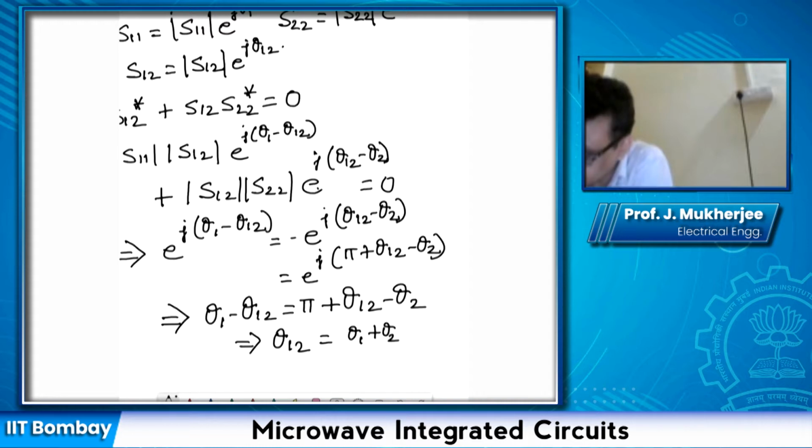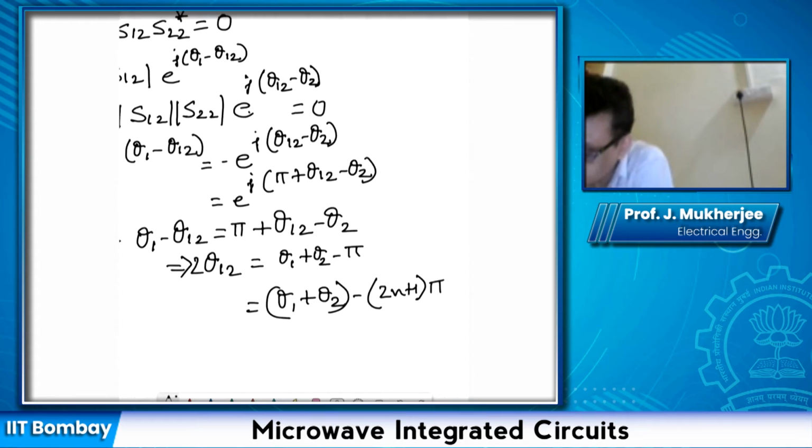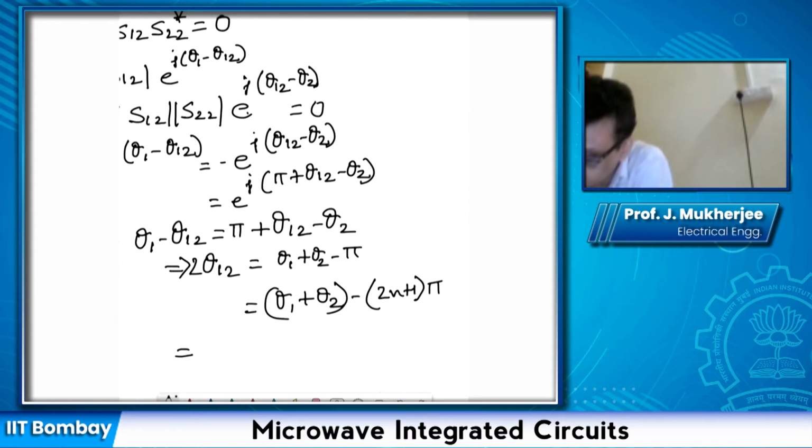Okay, so 2 theta 12 is equal to theta 1 plus theta 2 minus pi, and this we can then generalize to any odd multiple of pi, from which we can write theta 12 in terms of theta 1 and theta 2.